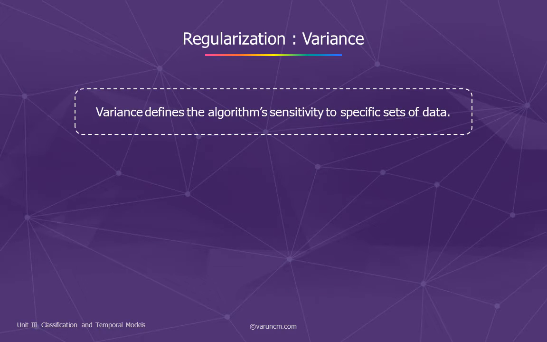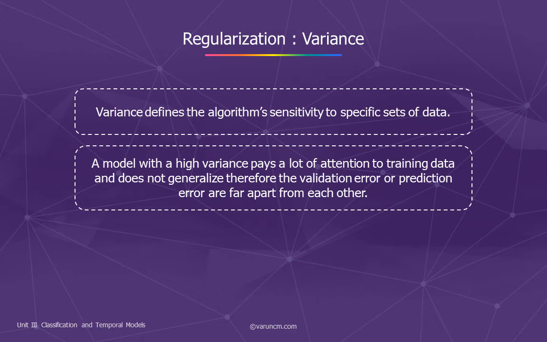So variance defines the algorithm's sensitivity to specific sets of data. It is just the opposite of what we saw in bias. The model with high variance pays a lot of attention to the training data and does not generalize. So there will be a far apart range for the validation error or the prediction error.